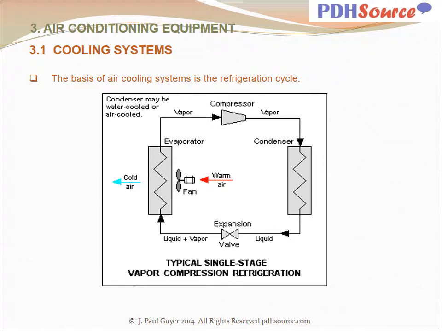And then the liquid comes out of the condenser, and that's like the water in the hose upstream of your nozzle on your garden hose. And that hot refrigerant liquid is pushed through the expansion valve.